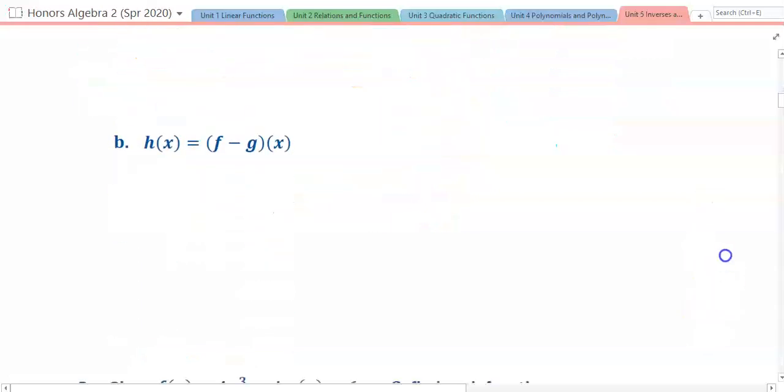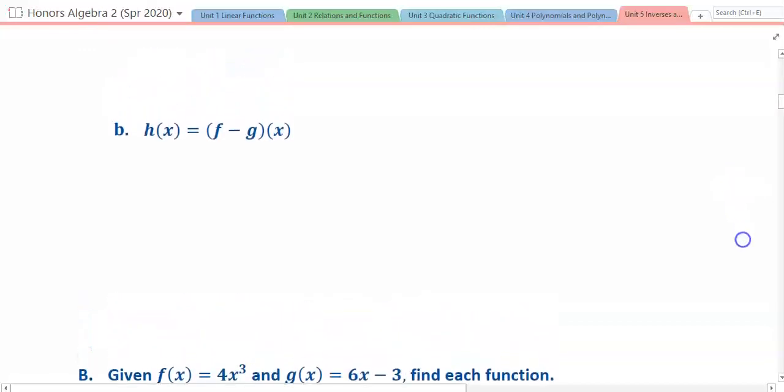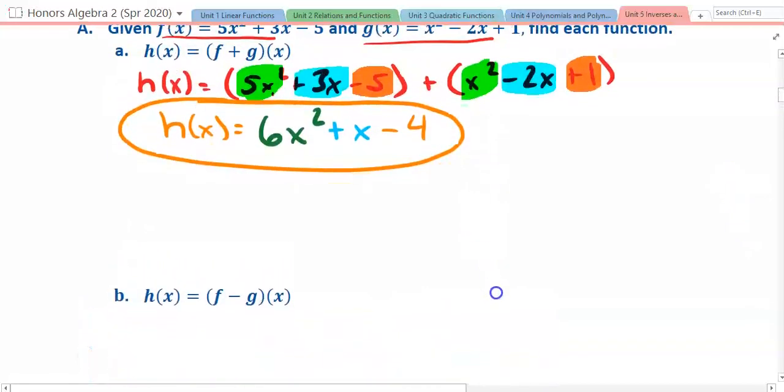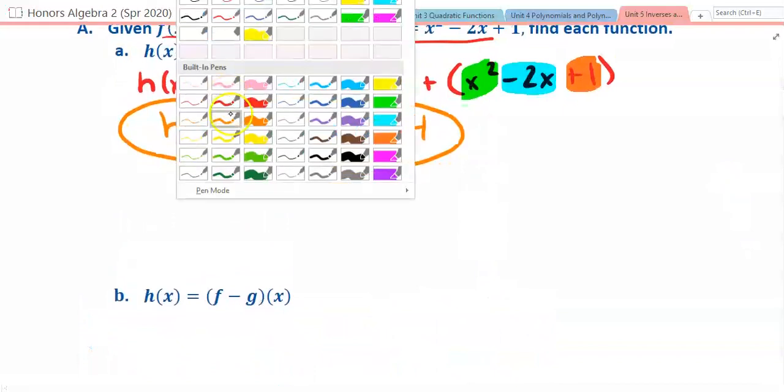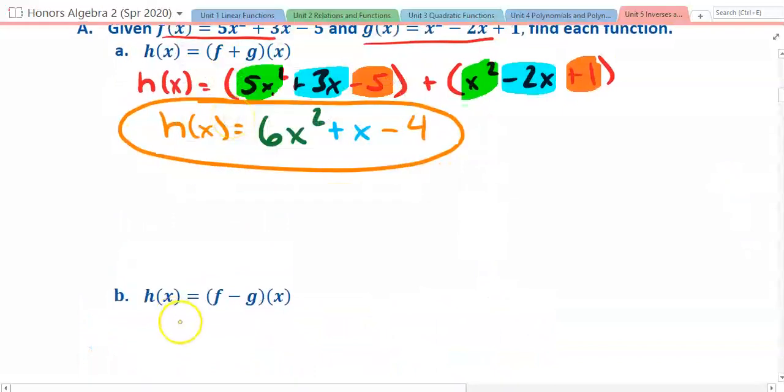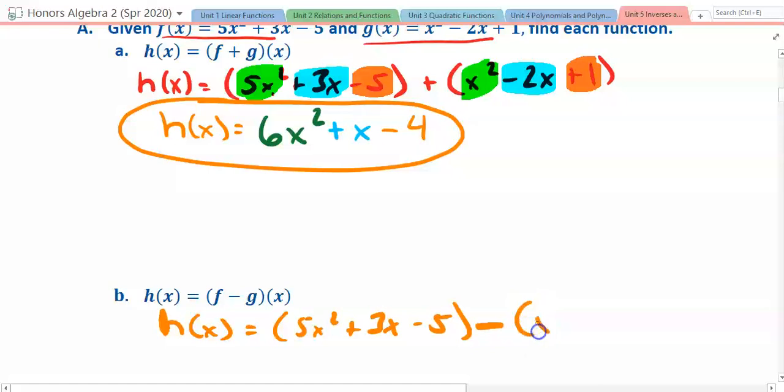And so the same thing is going to happen with subtraction. Okay, so I'm going to take the same two functions that I had, so I'm going to have to keep the screen up on these functions for a second. But I'm going to have that h of x is equal to the 5x squared plus the 3x minus the 5 minus this time x squared minus 2x plus 1.